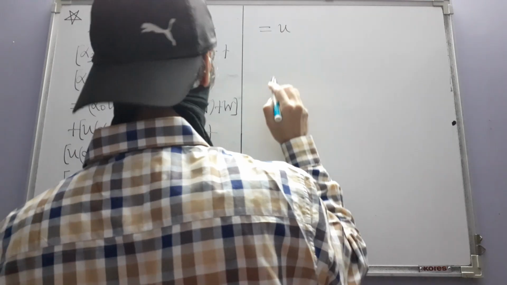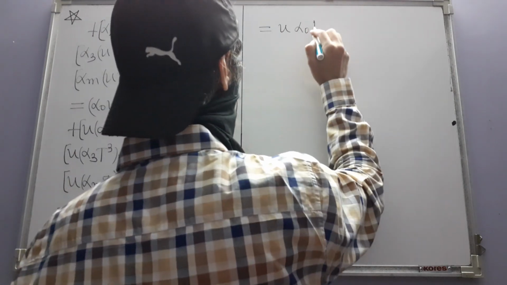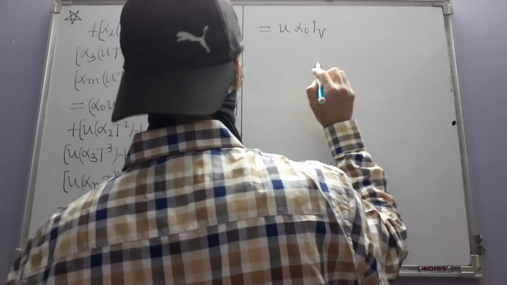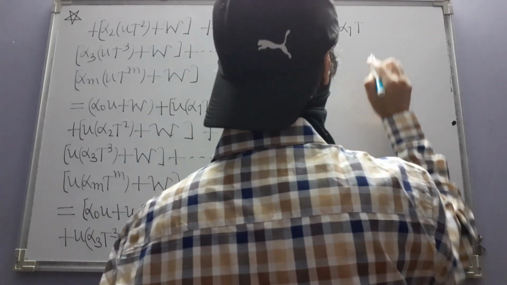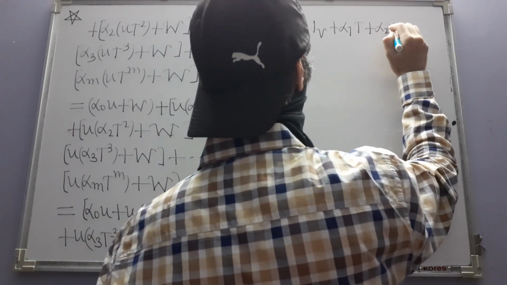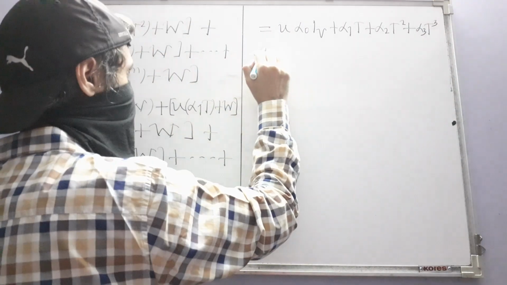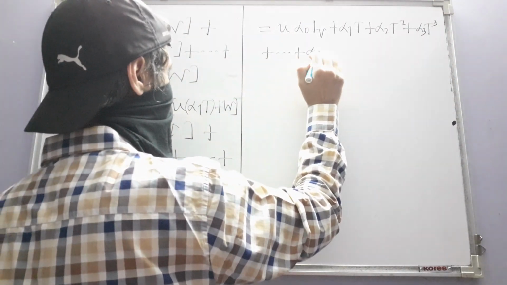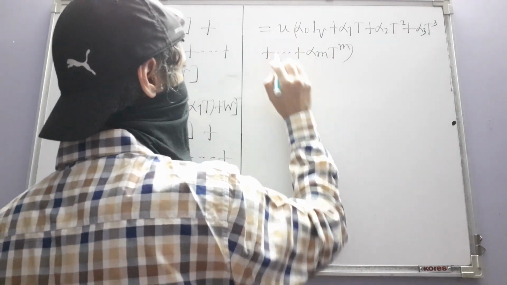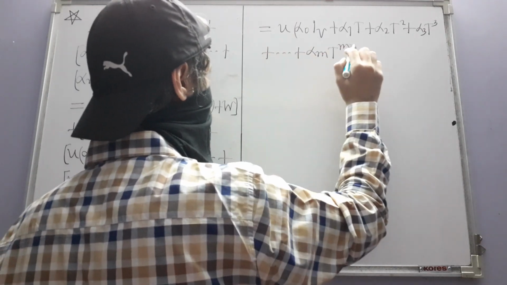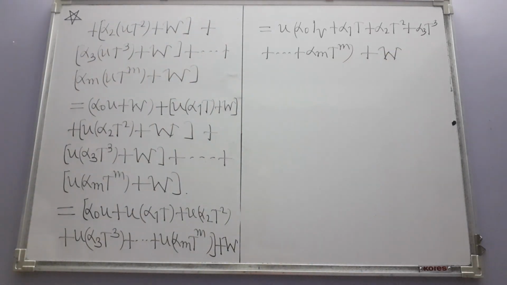U, alpha naught 1, well, what type of 1? 1V, plus alpha 1 t, plus alpha 2 t square plus alpha 3 t cube, plus alpha n t to the power n, plus W. You do understand what we have done here.